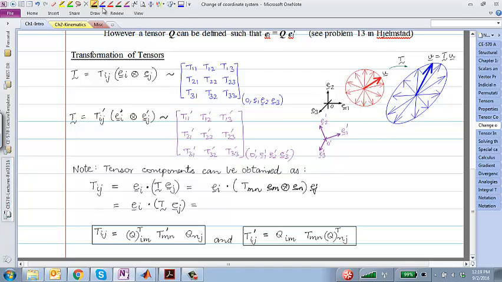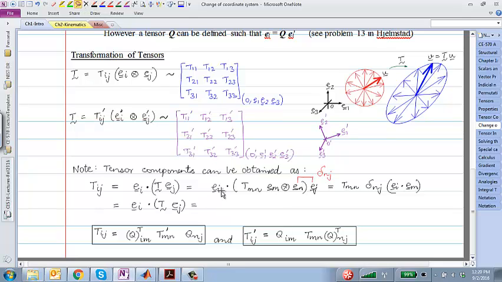The way that a tensor acts on a vector is by taking a dot product of those two, which gives me delta nj, and what I get is Tmn in the direction Em, delta nj, and what I'm left with is Ei dot with Em, right?